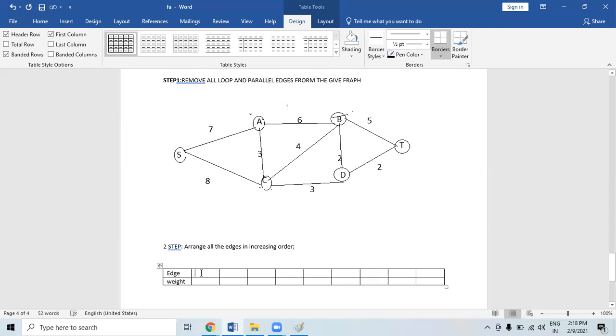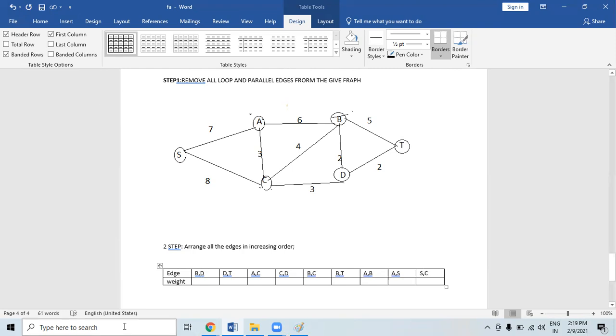So write BD, right? Then DT, then AC, then CD, then BC, then BT, then AB, then AS, and finally SC.